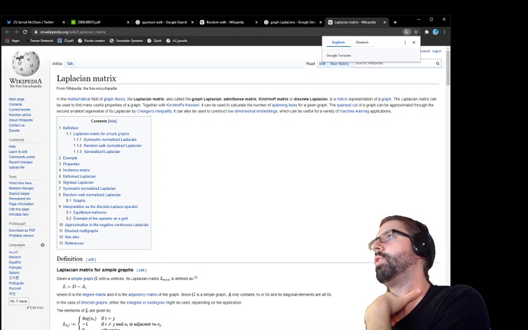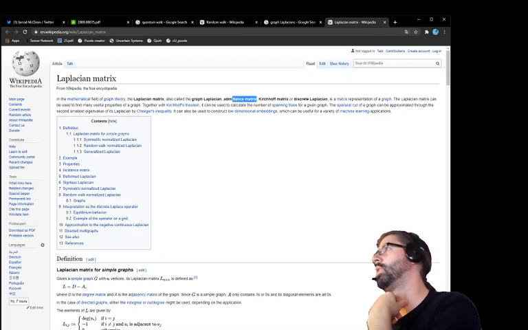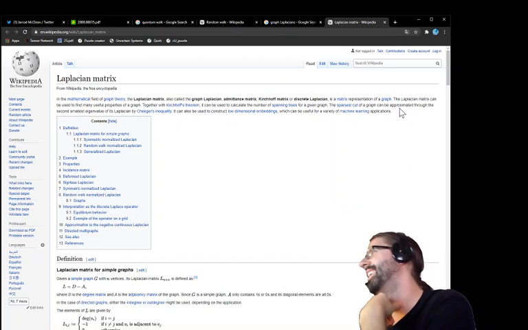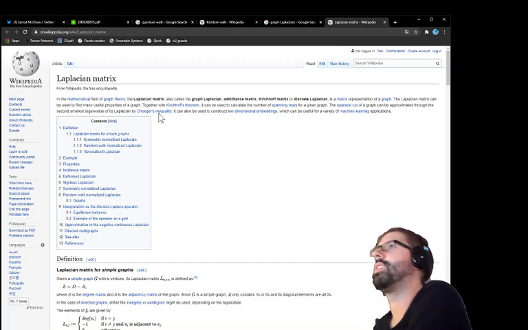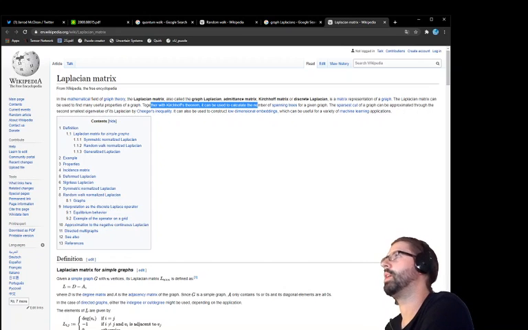So in the mathematical field of graph theory, the Laplacian matrix, also called graph Laplacian, admittance matrix, Kirchhoff matrix, or discrete Laplacian, is a matrix representation of a graph. The Laplacian matrix can be used to find many useful properties of a graph. Together with Kirchhoff's theorem, it can be used to calculate the number of spanning trees for a given graph.